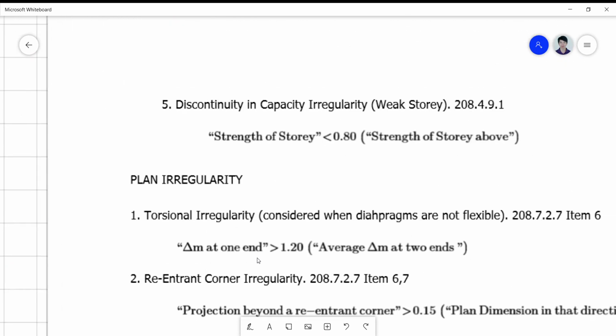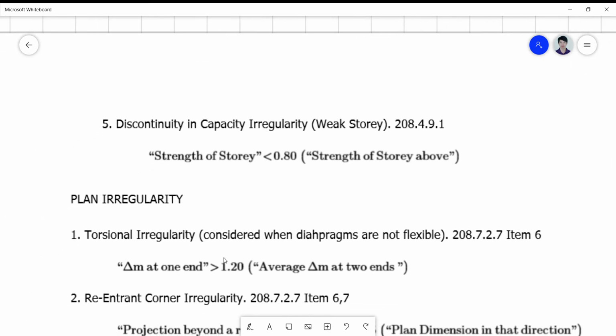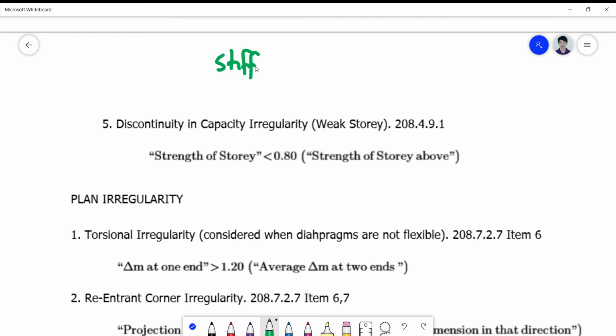So let's move to the last discontinuity on the vertical irregularity, which is the capacity irregularity, or what you call the weak story. When you're talking of stiffness, you are talking of soft story. So the word stiffness is analogous to the word soft. Your story can be stiff or less stiff, more stiff, less stiff, soft, hard.